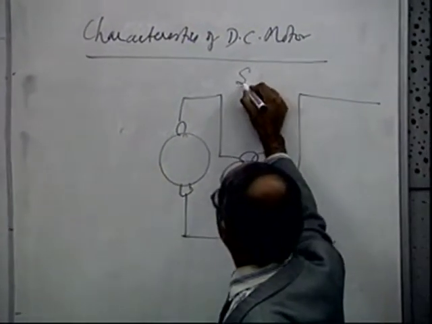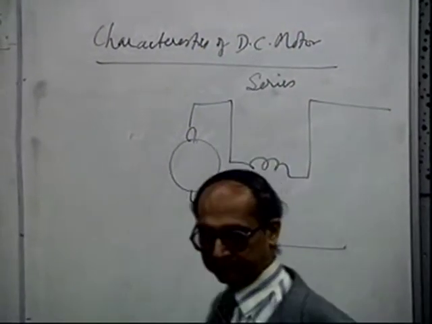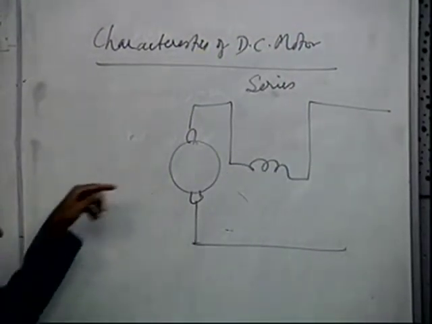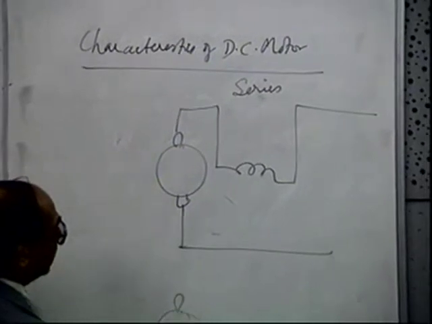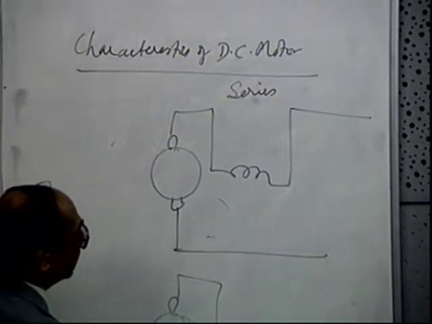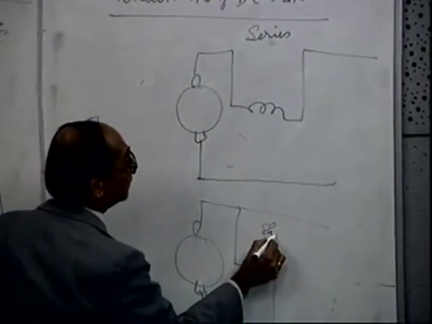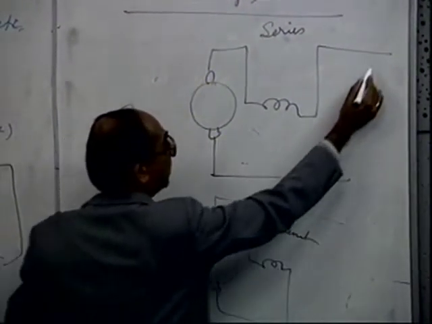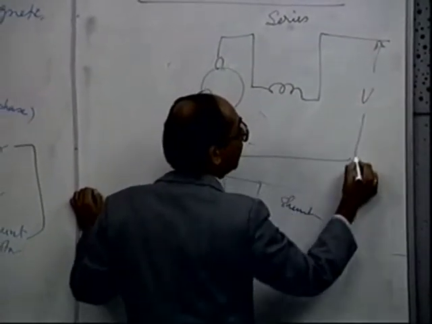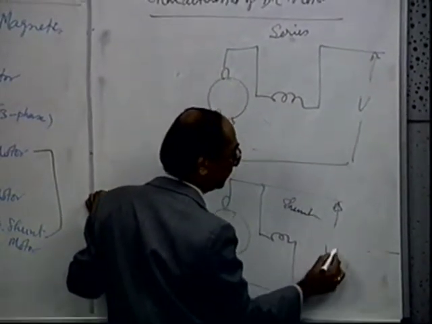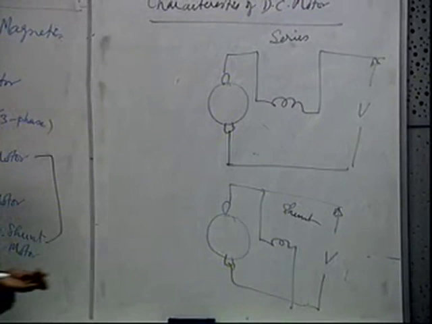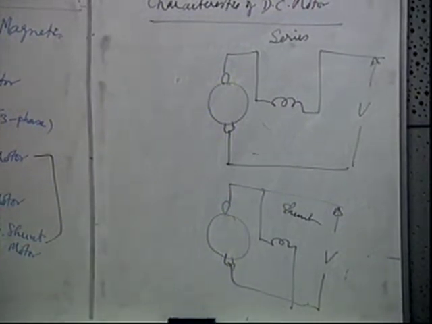Either they can be connected in series like this, armature and field in series, or they could be across, which is shunt, and supply is like this. We will understand it better when we go to the further lectures.